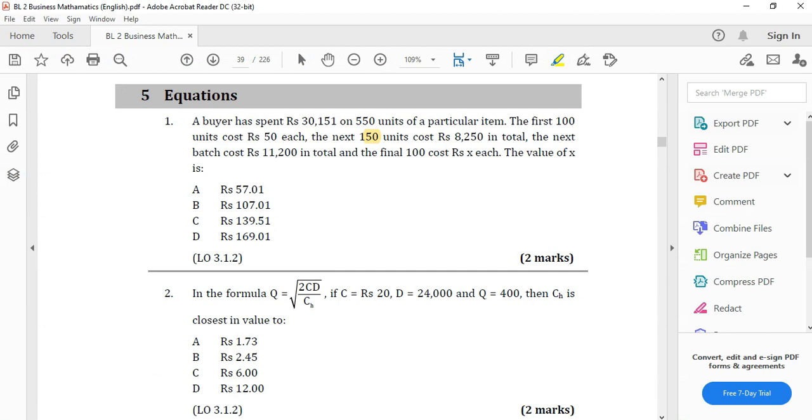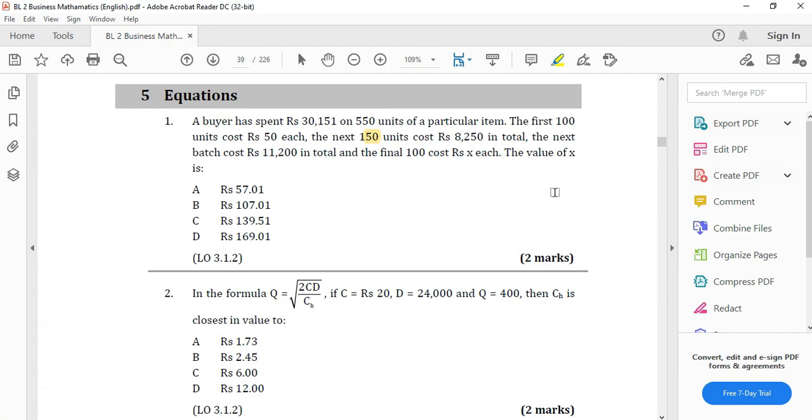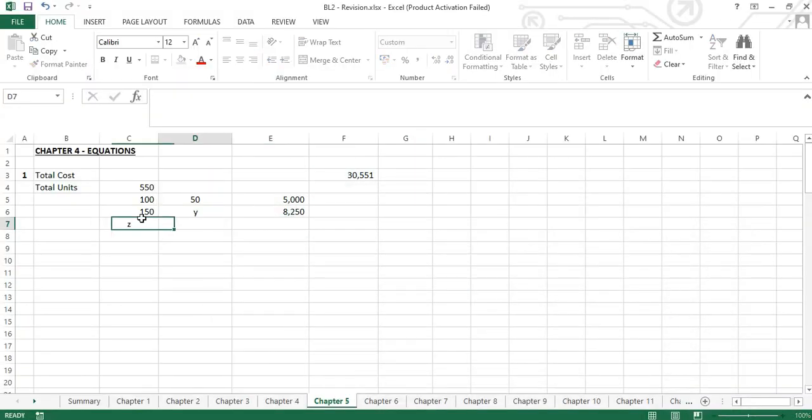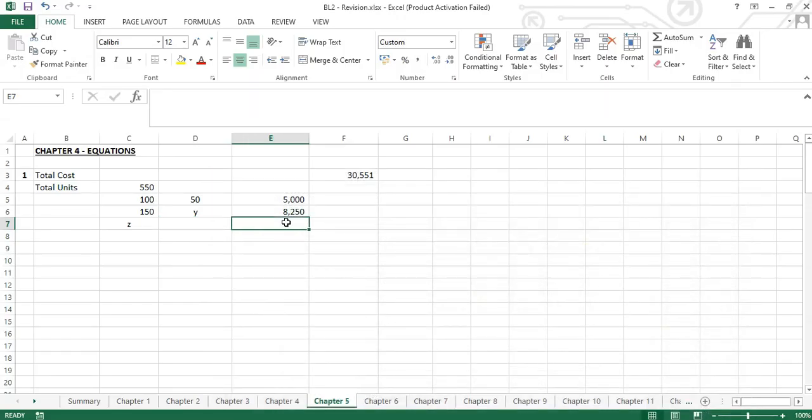Totally 8,250. So we don't need this, we don't know. And 8,250 is the next batch. We don't know what the batch is, how much it is, but it costs 11,200 in total.